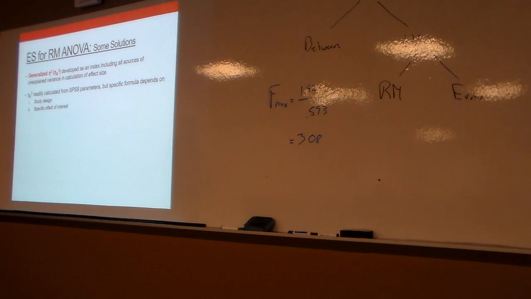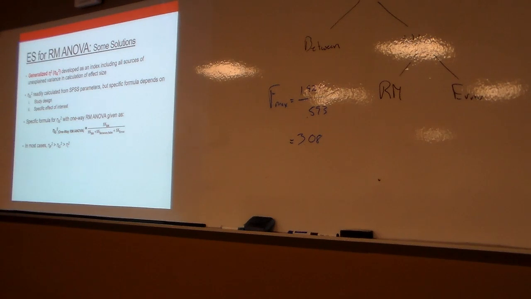You can get generalized eta squared from parameters provided in SPSS, but the specific calculation of generalized eta squared is going to depend on your study design and what effect you're going through and taking a look at. Okay. So for our one-way design, it's going to be pretty straightforward. For generalized eta squared for a one-way repeated measures ANOVA, you're going to have your sum of squares for your repeated measures factor, right?